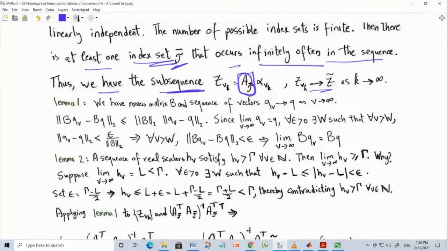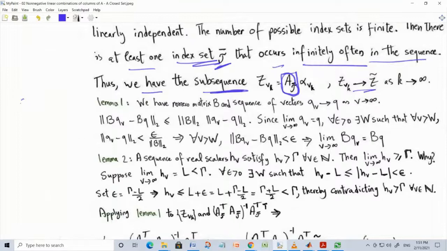Now, some results that I expect that you already know from some previous study. Suppose that you have a group of vectors converging, okay, as v goes to infinity.